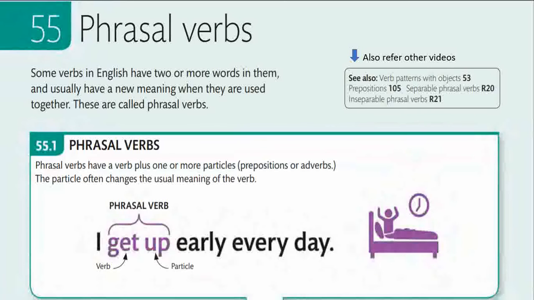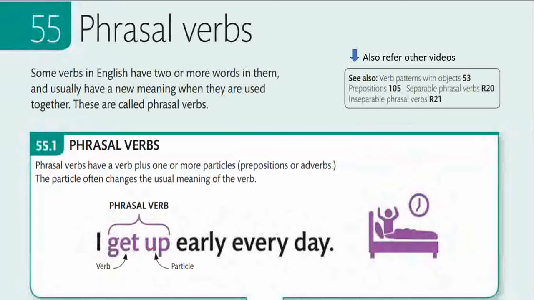Let us first understand what phrasal verbs are. Some verbs in English have two or more words in them and usually have a new meaning when they are used together. They are called phrasal verbs. In simple words, two words come together, and that phrase is known as the phrasal verb.